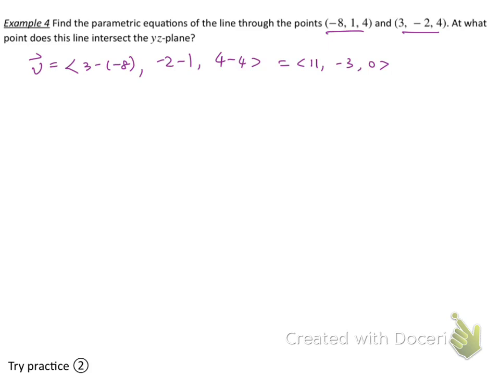That's my direction. Then we want parametric equations, which will be x equals x0. I'm using the first point to write my equations. So x equals -8 plus 11t. Then y equals 1 minus 3t. Then z equals 4 plus 0t, or just 4. That's the parametric equations.